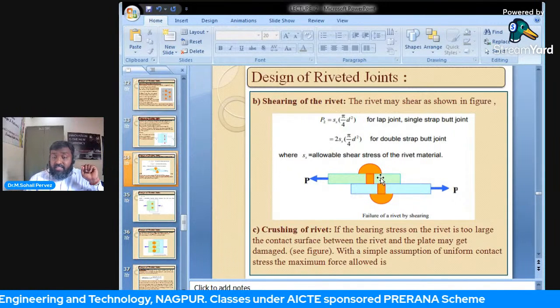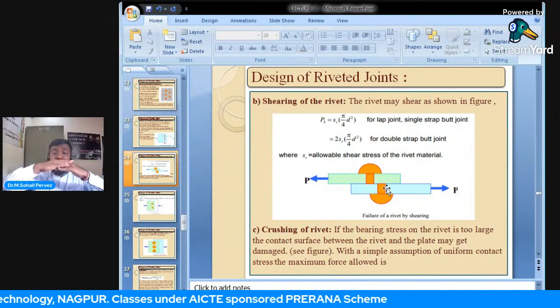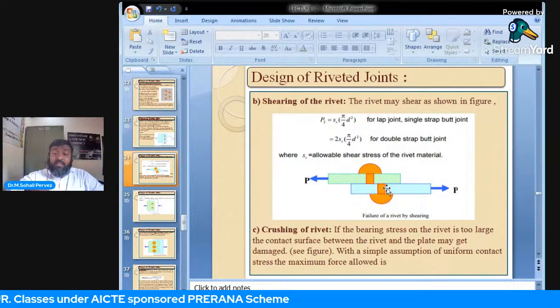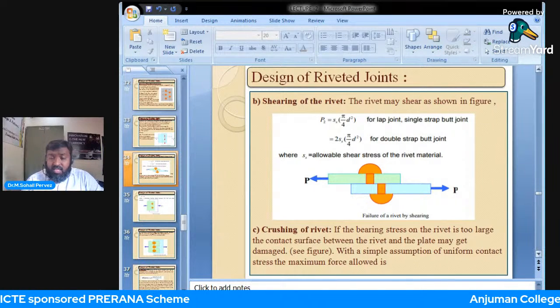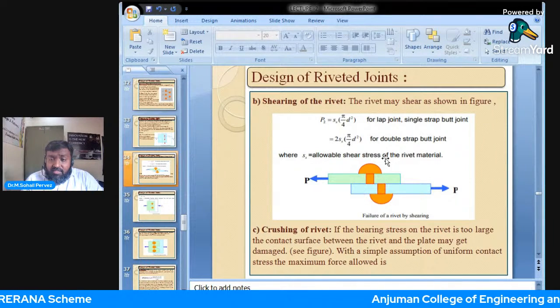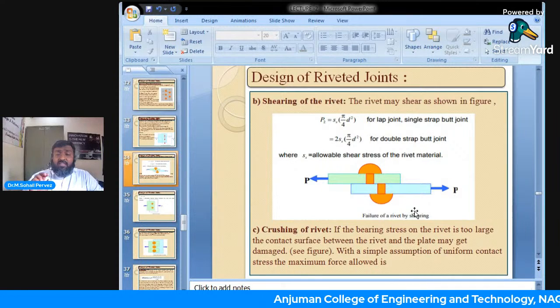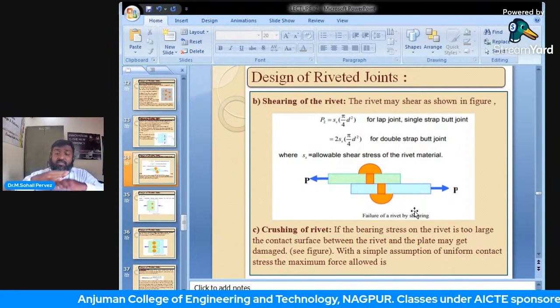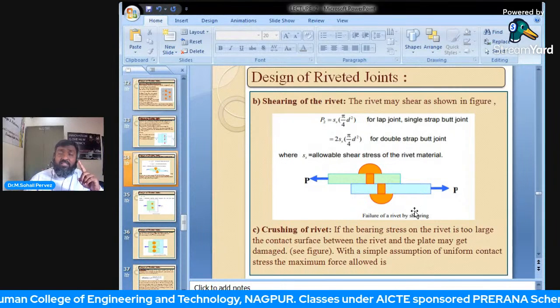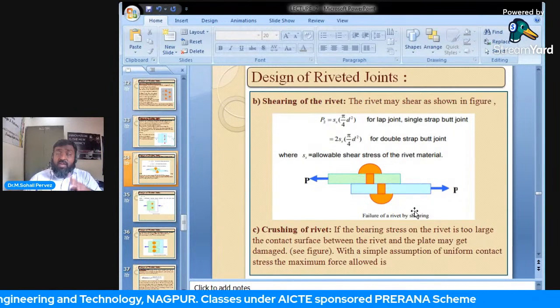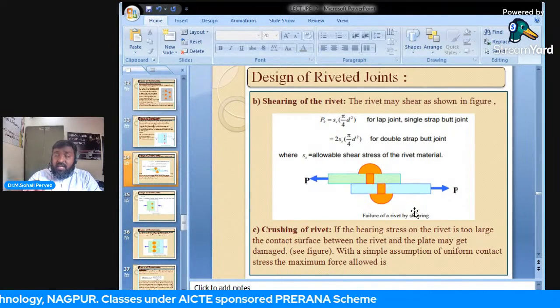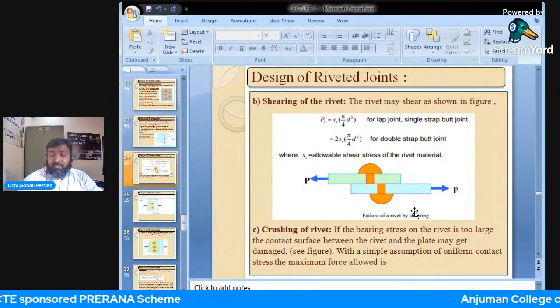If there are three plates, say 1, 2, and 3, and the rivet, now see, in the case of single shear, the rivet fails in two parts. But if there are three plates, then the shear failure will occur at two reference planes, and the number of pieces of the rivet would be 3.